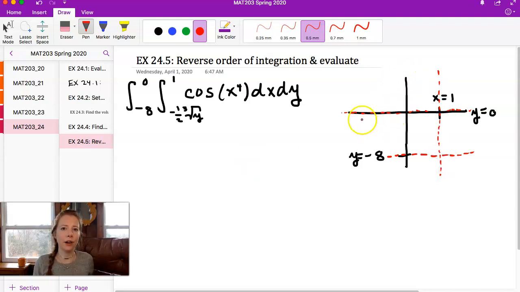All right, but we've got to figure out what's going on. That's the upper limit for X. Now we've got to figure out what is going on for the lower limit of X. So we're going to be somewhere down in this region.